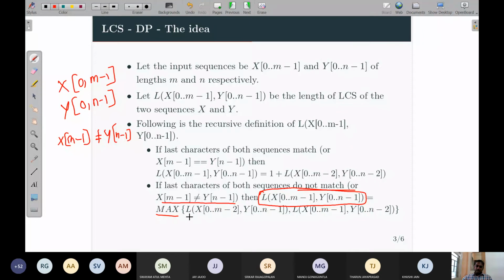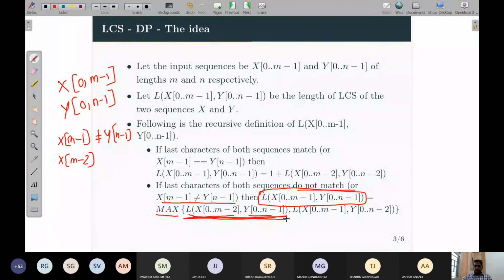the maximum of length of 0 to m minus 2, 1 less than the first string x of m minus 2. We reduced 1 from the first string. And y n minus 1, why we are keeping it as it is. X is reduced by 1.